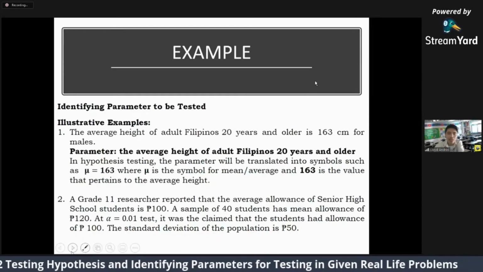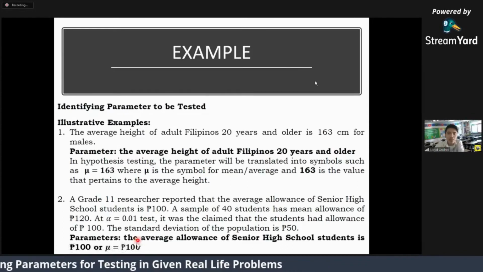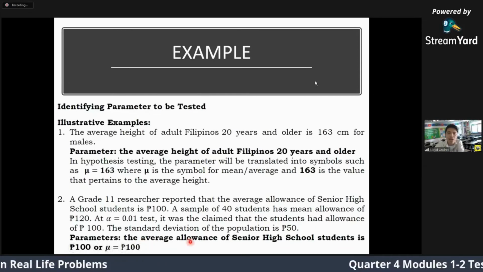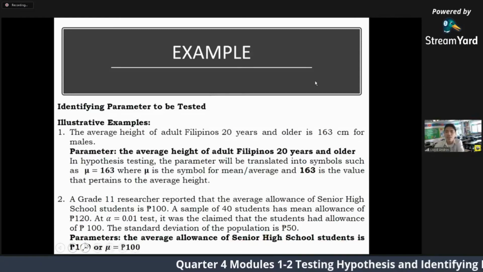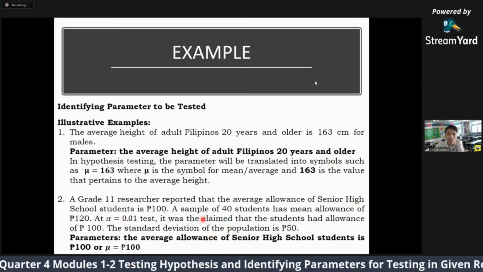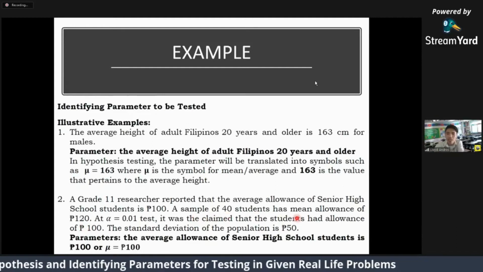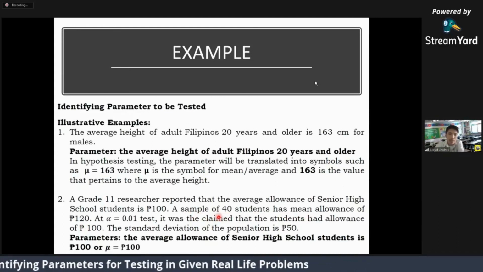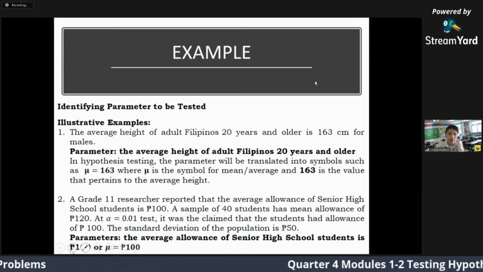So where is the parameter to be tested? The parameter is the average allowance of the senior high school students, which is 100. Again, a parameter refers to the population, not 120, because 120 is the mean of the sample. So mu is equivalent to 100. That is the parameter.